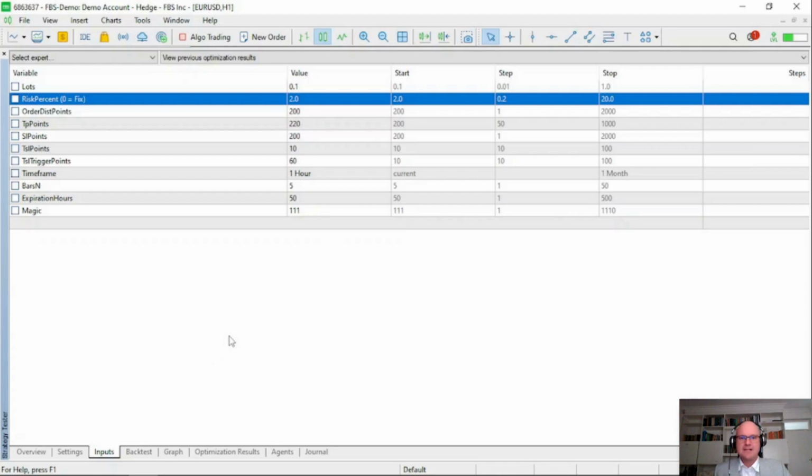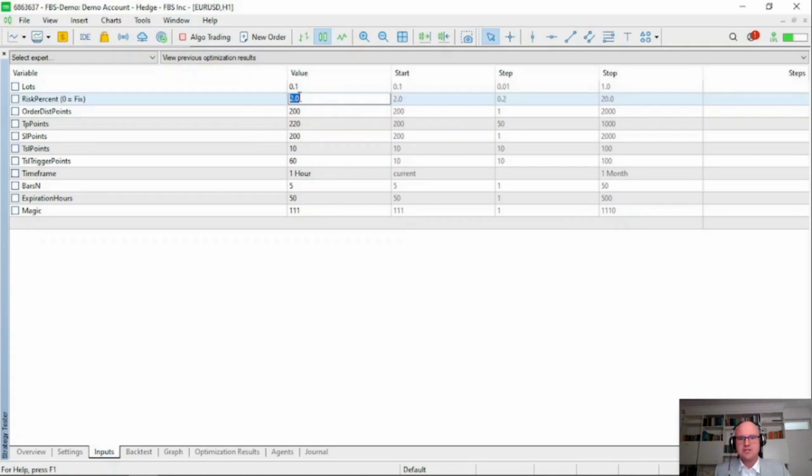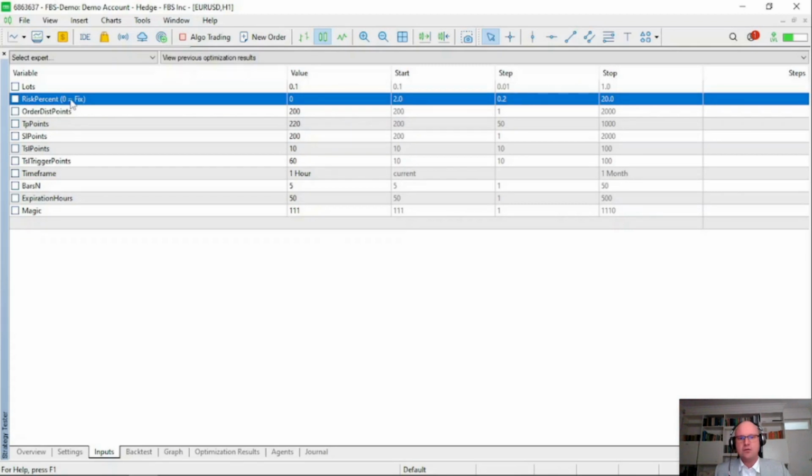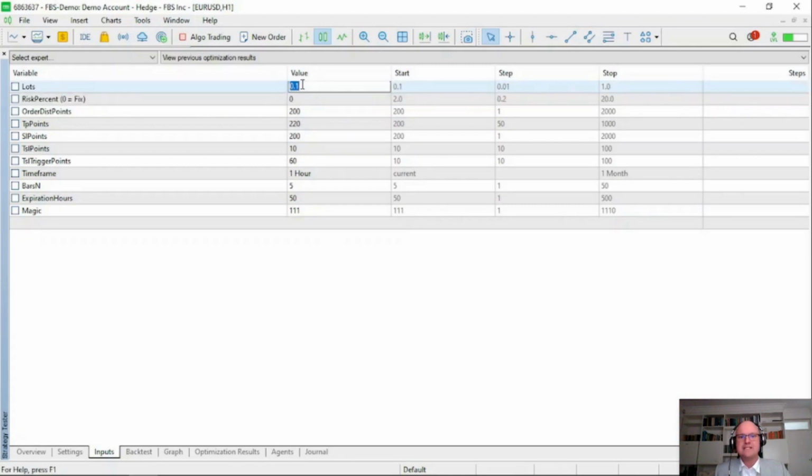The next thing that I'd like to discuss is our lots and risk percentage. When it comes to risk percentage, I would like to make a recommendation for my beginner traders. If you are new to expert advisors or trading the bot for the first time, change your risk percent to 0 and change your manual lots to 0.01.